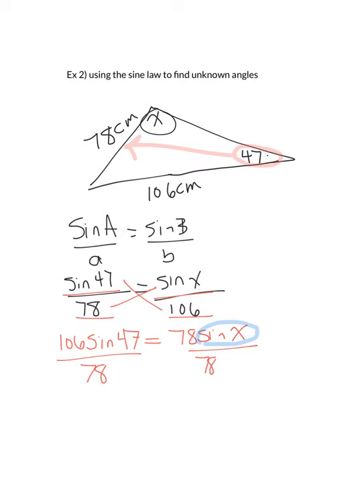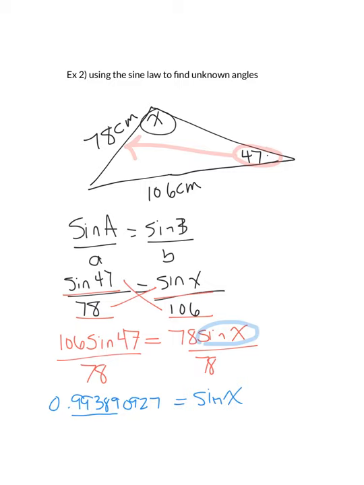So, on my calculator, when I do 106 times sine of 47 divided by 78, I will get 0.993890927 is equal to sine of x. It is important that we keep at least 5 digits when we're doing this, otherwise your answer could be off by quite a bit.